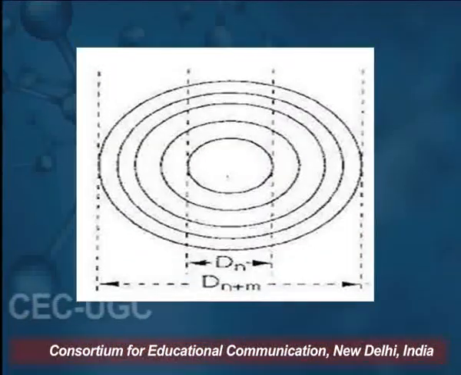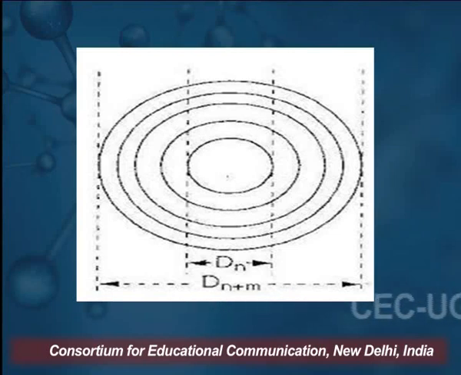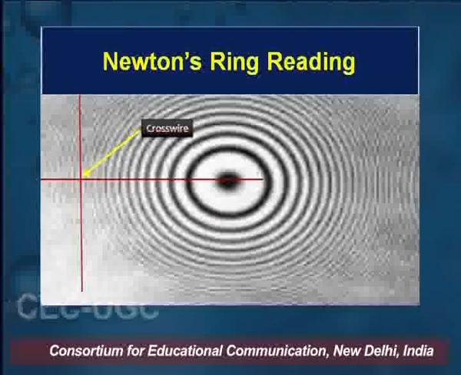You see in this diagram that Dn is the first ring, and Dn plus m as the ring number changes. So we can calculate the diameter Dn of a particular ring by using this telescope.